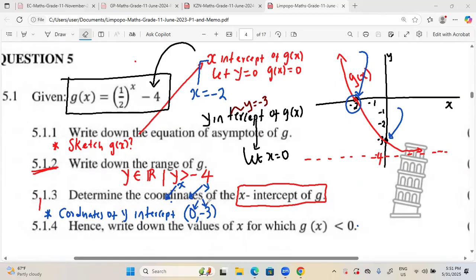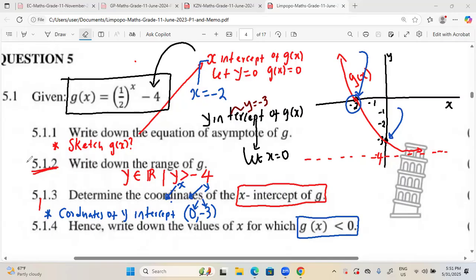Now, the last question, 5.1.4, they say, write down the values of x, whereby g of x is less than 0. They love this question. Give us the values of x where g of x is less than 0. So let us go and look at our graph of g of x.